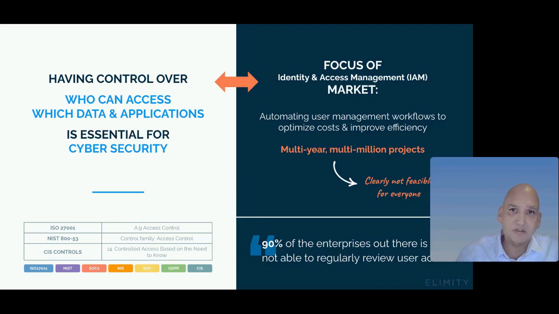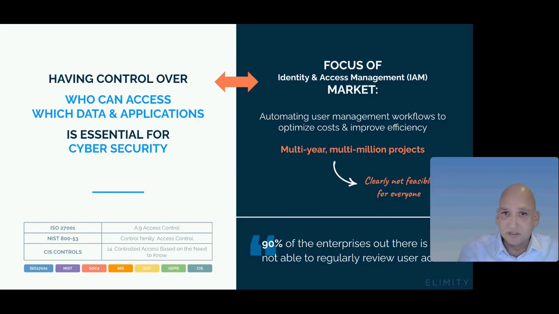Meaning, before these solutions start delivering value, you need to do a lot of things. Setting up an IGA solution includes things like deploying connectors, defining access policies, compliance policies. You need to think of role definitions. You have to configure role-based access control. You have to think of how to provision and deprovision.